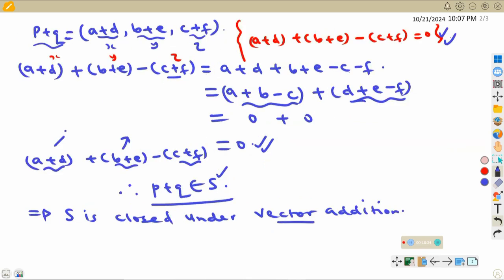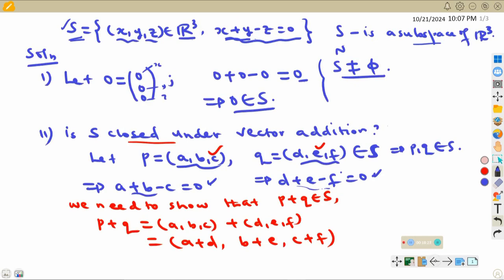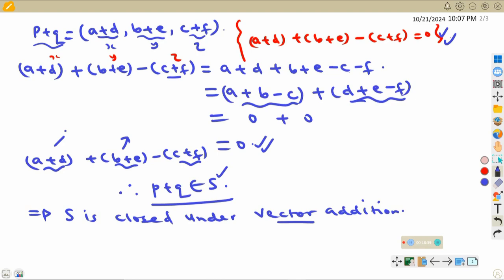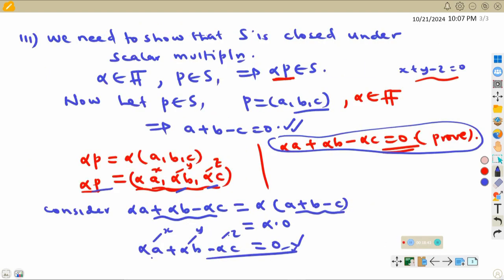When that happens, then clearly by our definition, this condition must hold, and we shall say that the given vector is from the set S. So this implies that alpha P is an element of S, because these are the components of alpha P.